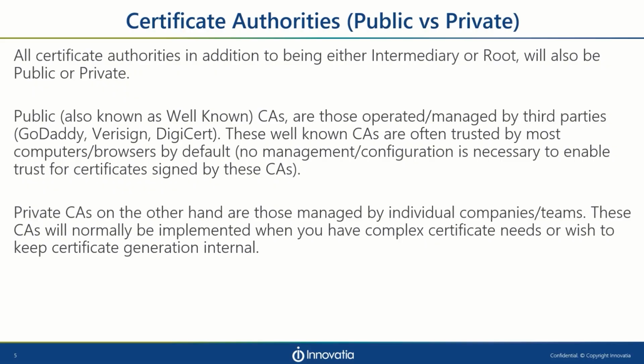These companies will manage all of the intermediary and the root CA for the given trust chain, and they will have customers that will come to them and will actually purchase their own server certificates directly from these different third parties.